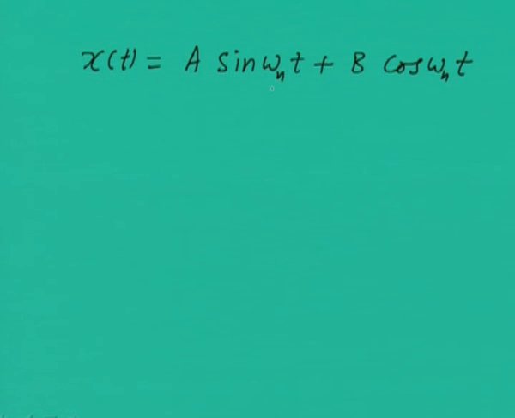and omega n, as we have seen earlier, is the frequency of oscillation of the mass, and here two constants are there, A and B, that we need to obtain through the initial conditions. So for initial conditions, we can have displacement at time t equal to 0 and velocity at time t equal to 0, or if we want a general solution with non-zero terms, we can express these as x naught and v naught.